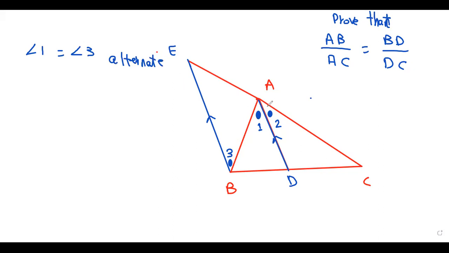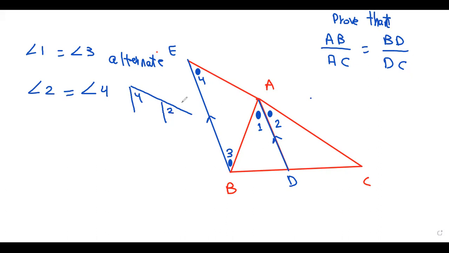And let's suppose this angle is 4. The size of angle 2 is equal to the size of angle 4. Why? As you see, they are taking the form of the letter F in English: angle 4, angle 2.